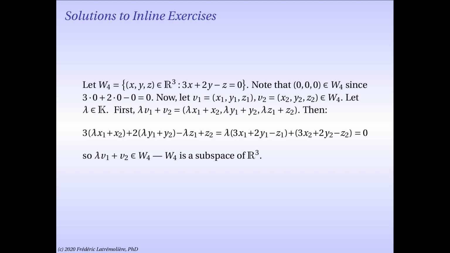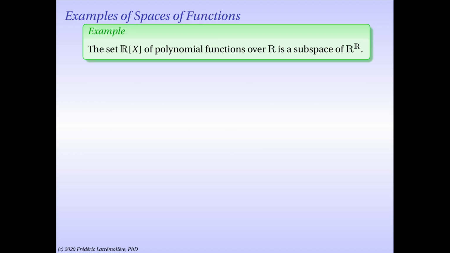It goes from R cube to R. It's clearly linear. And W4 is a pre-image of the singleton 0, which is a subspace of R. And so we have sort of a connection between linear maps and subspaces, which we will return to on the next slide. Let me give you a list of other examples of spaces of functions that are subspaces before we move to connecting linear maps and subspaces.